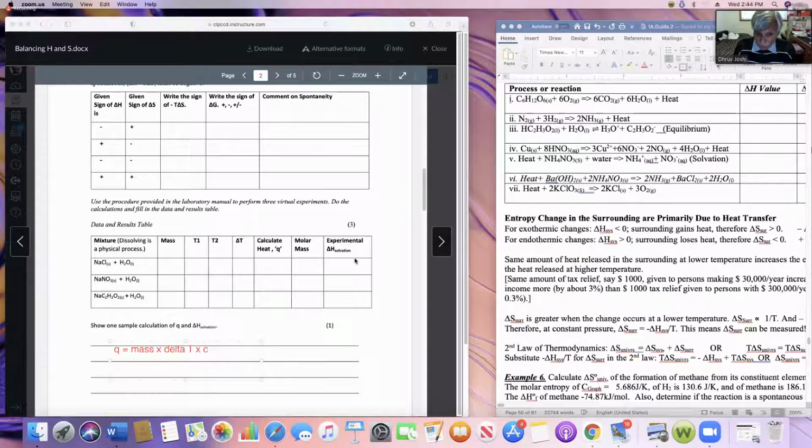So you just divide by moles to get from Q to heat of reaction. To go from Q to delta H, just divide Q by what?